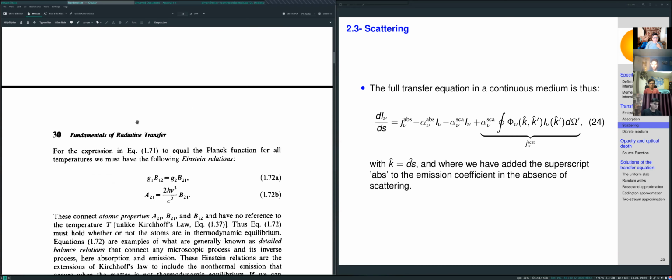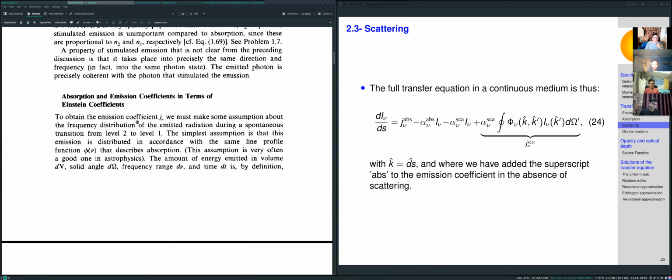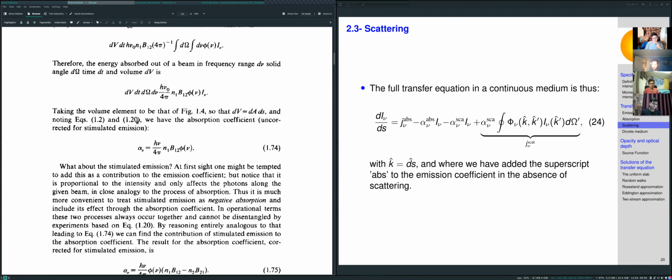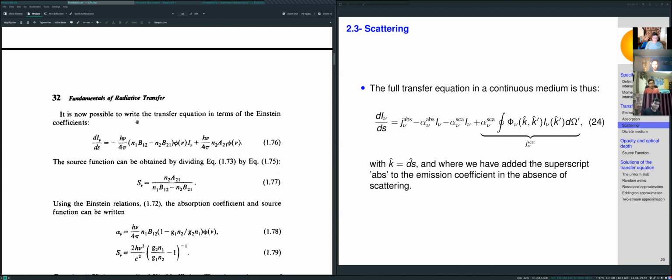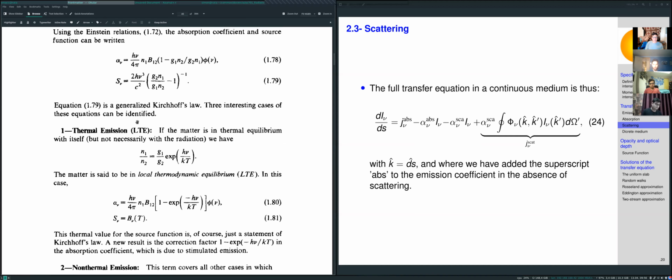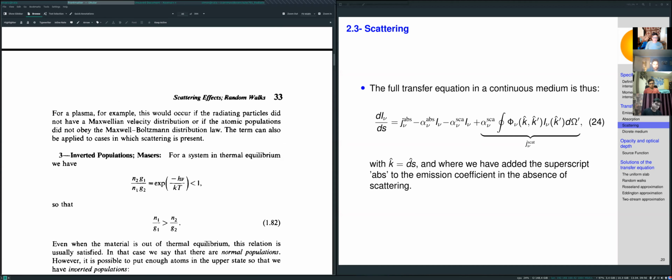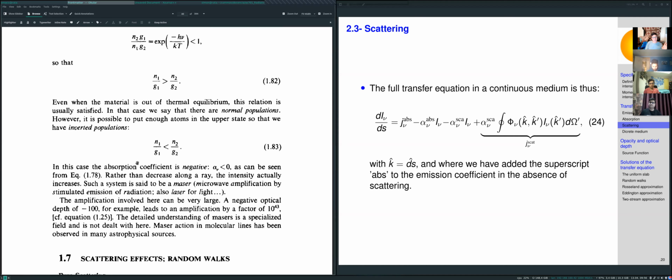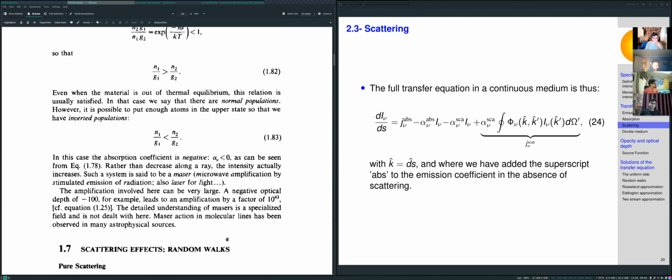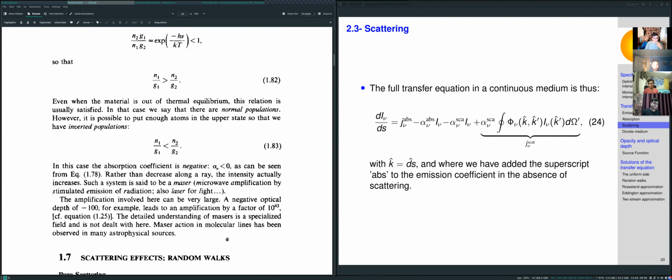So hopefully on Thursday we'll finish all this topic about the Einstein coefficients, which I'm sure you've heard of before, but we'll use it a lot. So this week, let's start to close here, and we'll continue again the week after next with scattering effects.